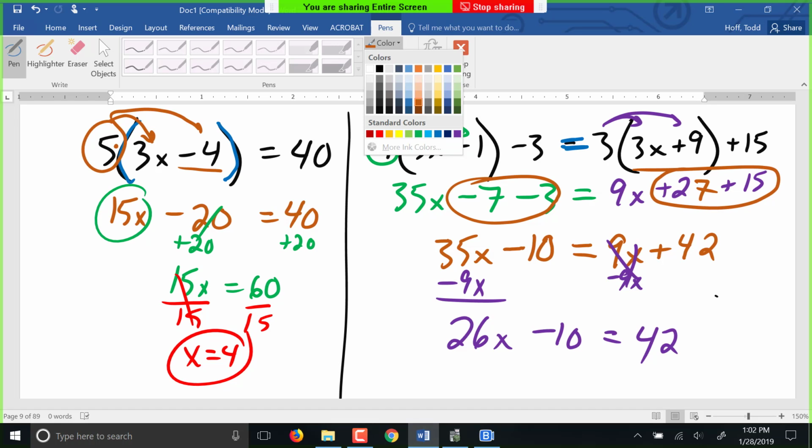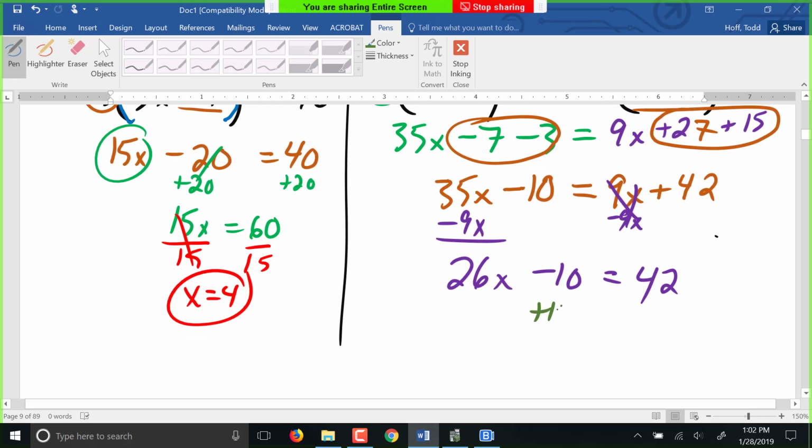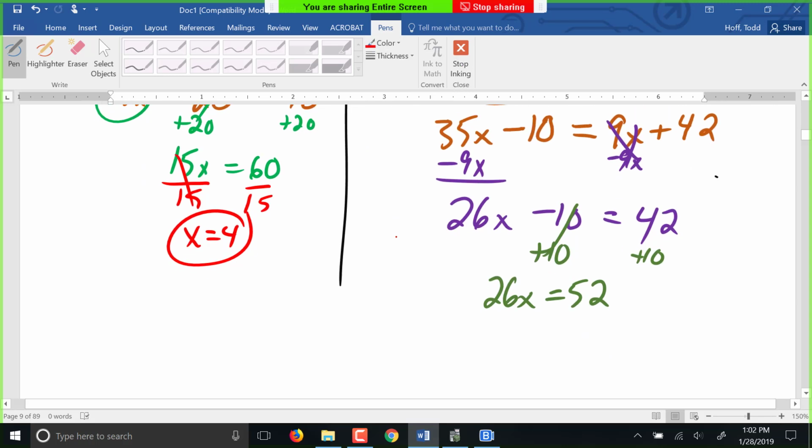Now what? We add 10. So add 10, 26x equals 52. And we divide by 26. Good. X equals 2.